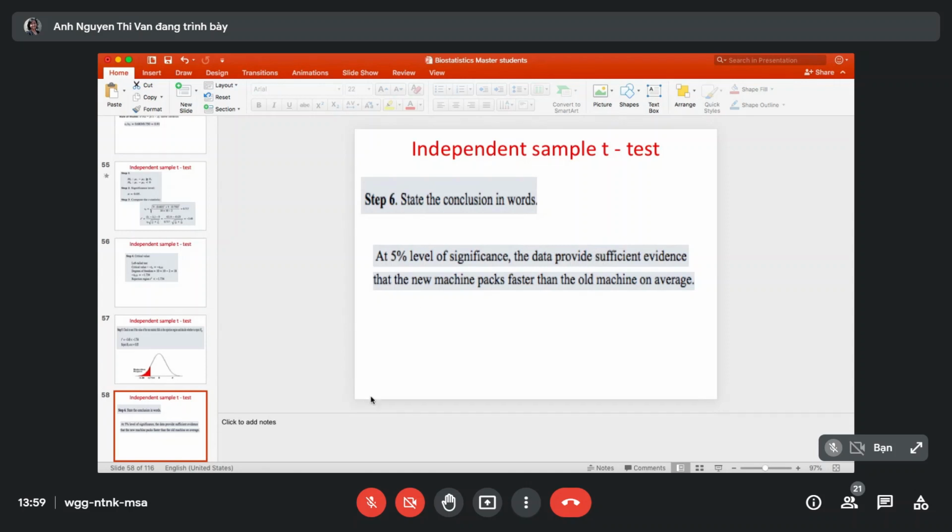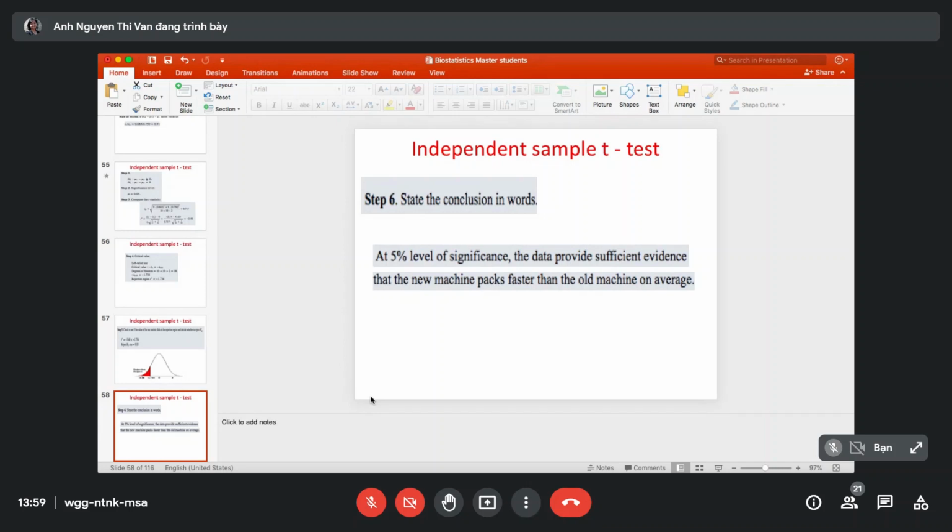If you understand the statistics well, you can write down and interpret the data well. So I gave you an example about the independent sample t-test, and I gave you a very clear solution for this kind of example, so that you know how to do this kind of exercise.